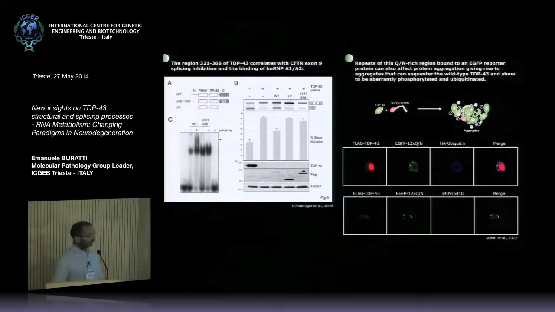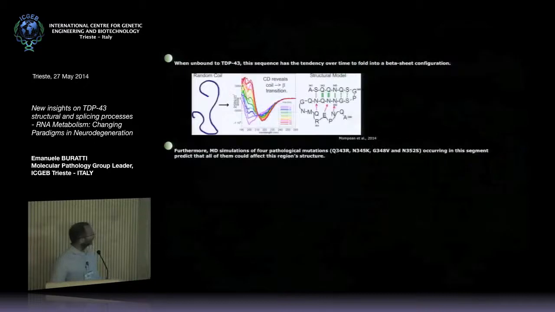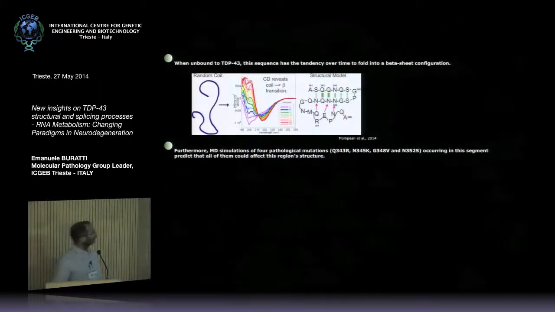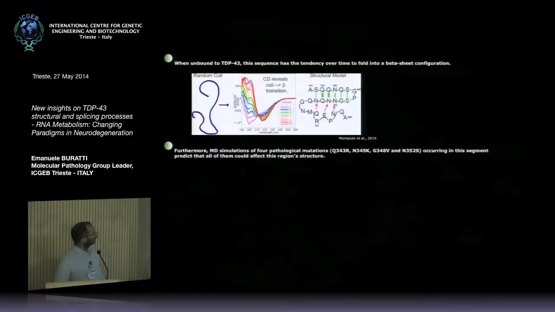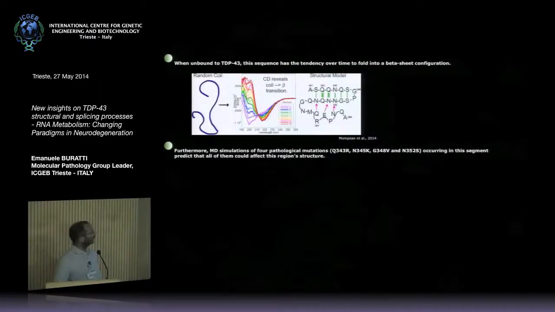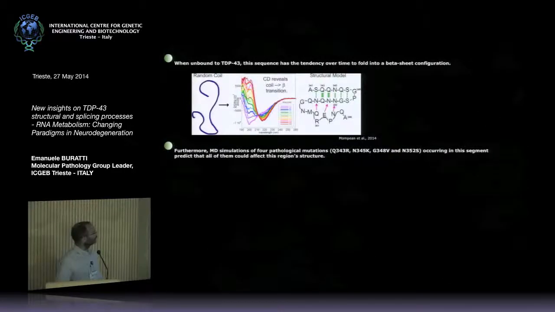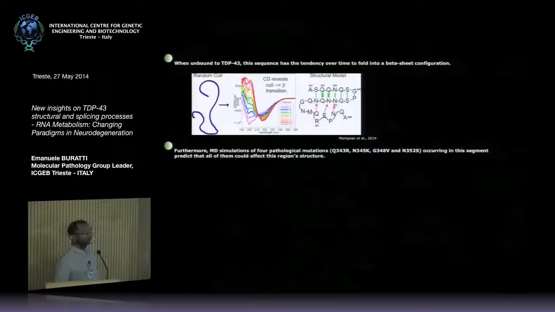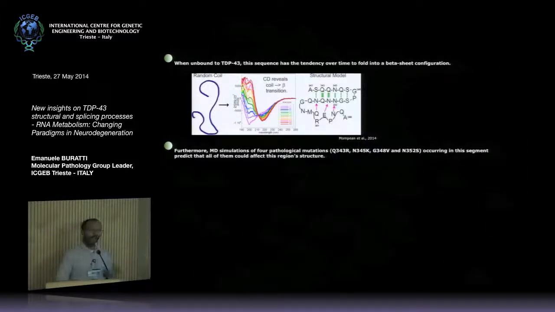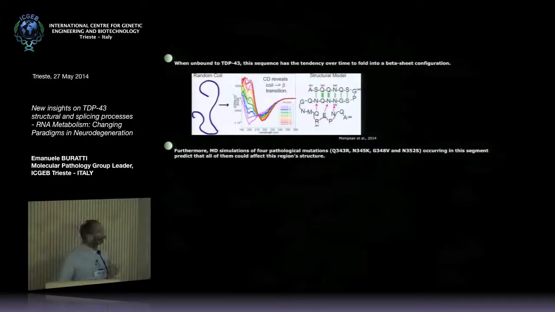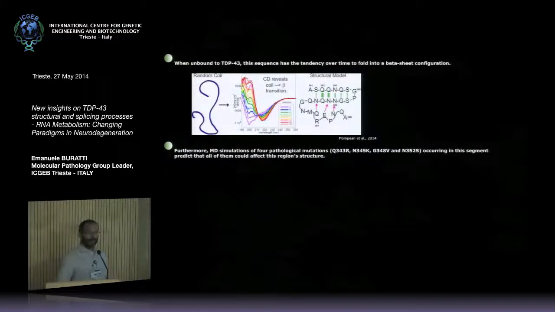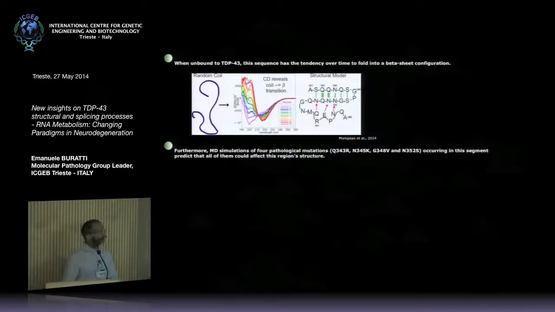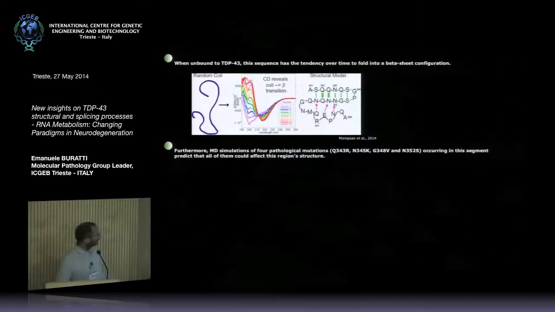The reason why this could be so is that if you take this region without any interactor in solution and you allow enough time, this region starts to acquire some amyloid-like properties. So hnRNP proteins are not just important for the functionality of TDP-43 in pre-mRNA splicing, but they're also important probably with regards to its solubility.